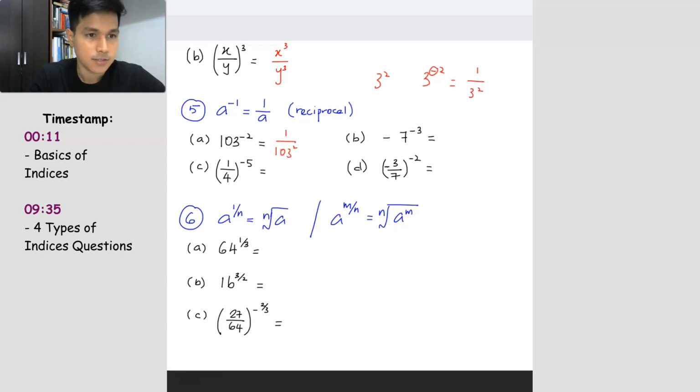Next, negative 7 power negative 3. The negative in front is not going to do anything, because it doesn't make any difference. If I write it like this, the answer is negative 1 over 7 power 3.